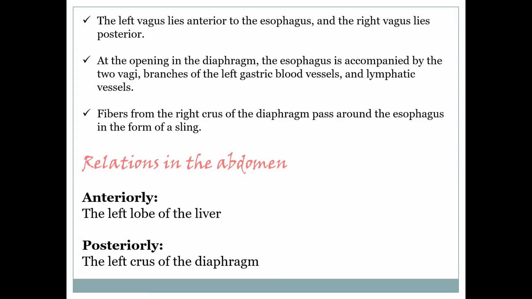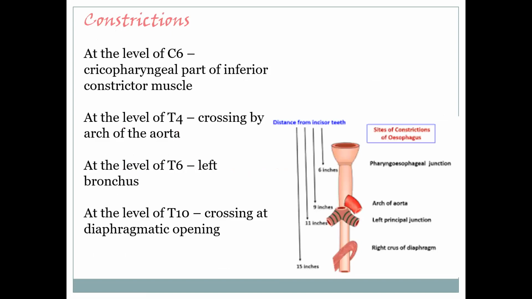And the fibers from the right crus of the diaphragm pass around the esophagus at the opening in the diaphragm in the form of a sling, and it has another constriction at that point. So in the abdomen, it has the left lobe of the liver anteriorly and the left crus of the diaphragm posteriorly.